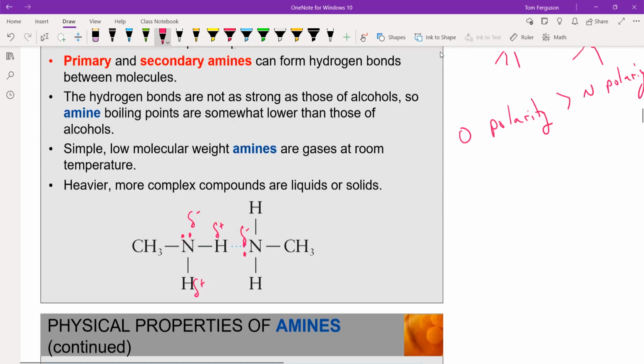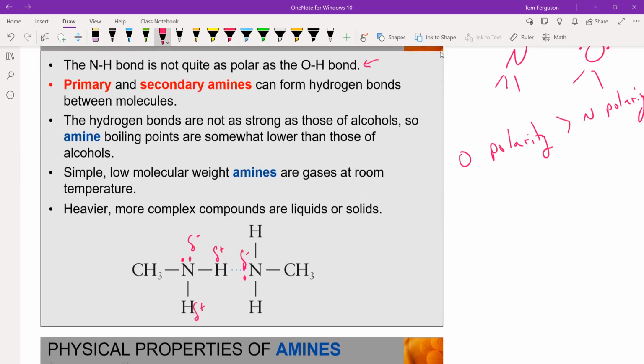And same with water. So the hydrogens on water are partially positive.